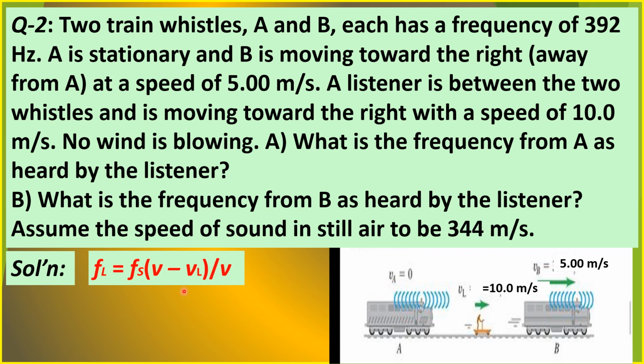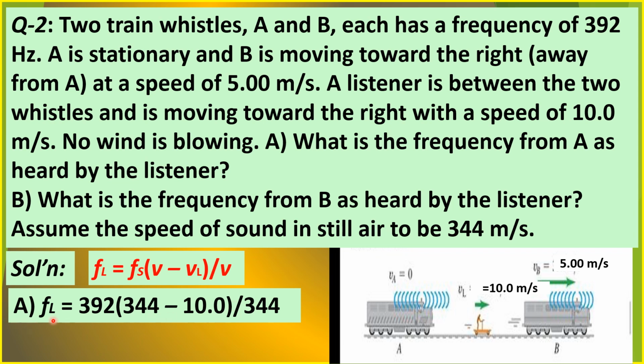It is stationary. So when we substitute, we have FL equals 392. This is the frequency of the source of sound coming from whistle A, to be multiplied by 344 meters per second, the speed of sound in air, minus the speed of the listener, 10.0 meters per second, to be divided by the speed of sound in air, which is 344 meters per second.